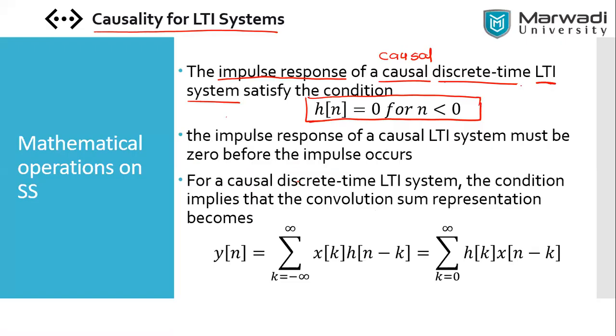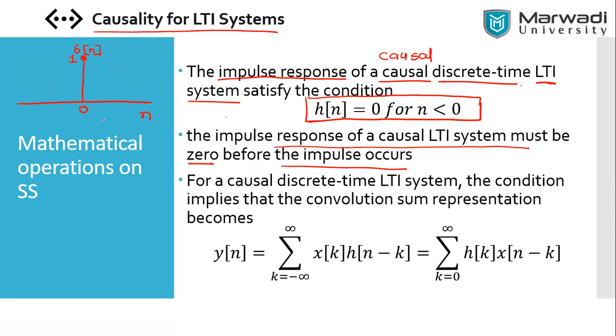So what does this mean? It means that the impulse response of a causal LTI system must be 0 before the impulse occurs, because the impulse is defined as delta of n, it is 1 at 0. So the impulse occurs at 0.